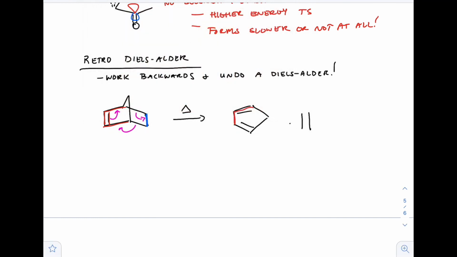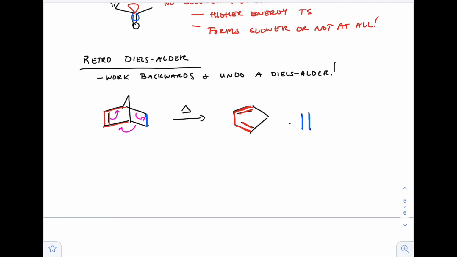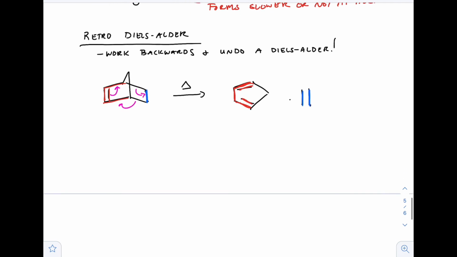We can undo the Diels Alder by heating it, and at least for a cyclopentadiene one, which I'll show you in a second, that is a distillation. So it's a liquid when it's hot, and you can distill off the monomers because it really is a dimer. Okay.